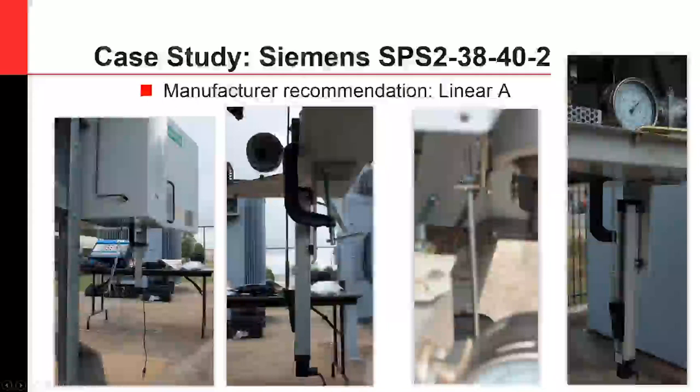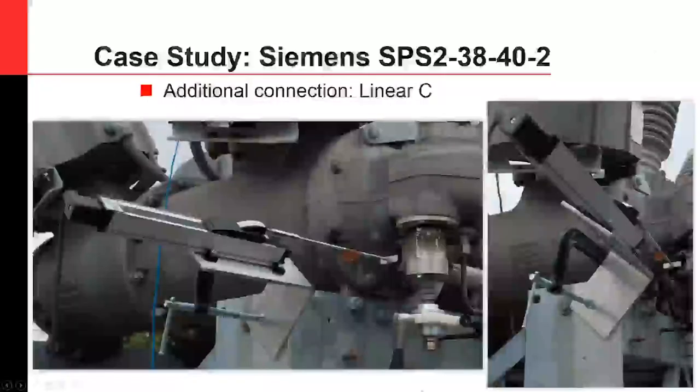On that second picture from the left, that's where it's C-clamped up, and you'll see a rod going up and hooking directly to this mechanism that drives up and down as that mechanism is going, that drives the interrupters in and out. So we're going to measure there and then convert that value over to the value of the interrupters there. So that was linear A, the manufacturer's recommendation.